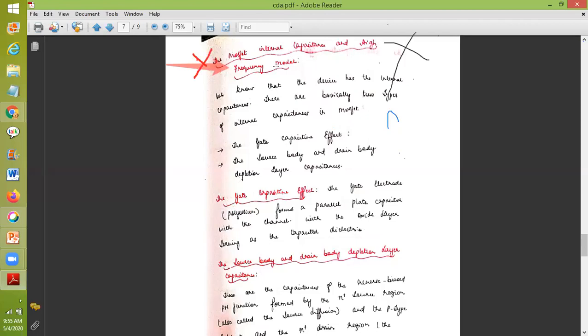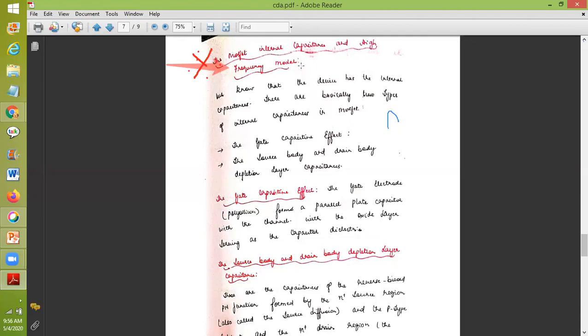When the MOSFET is fed with a very high frequency, meaning the input signal frequency is in the megahertz range, how does the circuit behave?